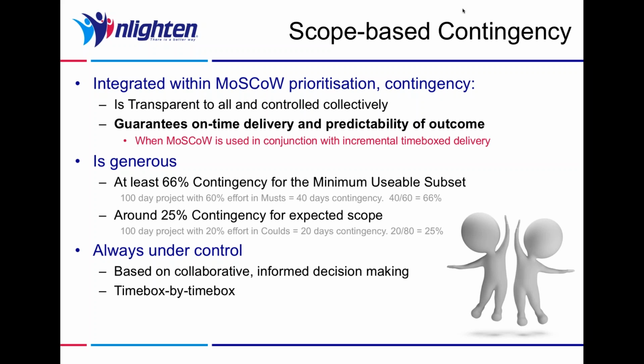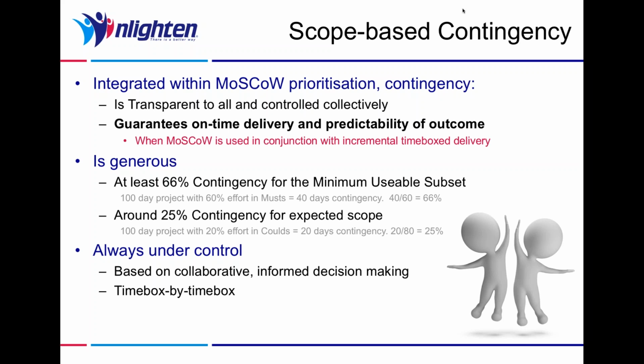So that should be defined by our minimum usable subset, the must-haves. And we already said that we shouldn't have any more than 60% of our effort given over to must-have requirements. So for simplicity, let's say we had a 100-day project, 100 days of effort in our project, and 60% of that effort was given over to must-have requirements.